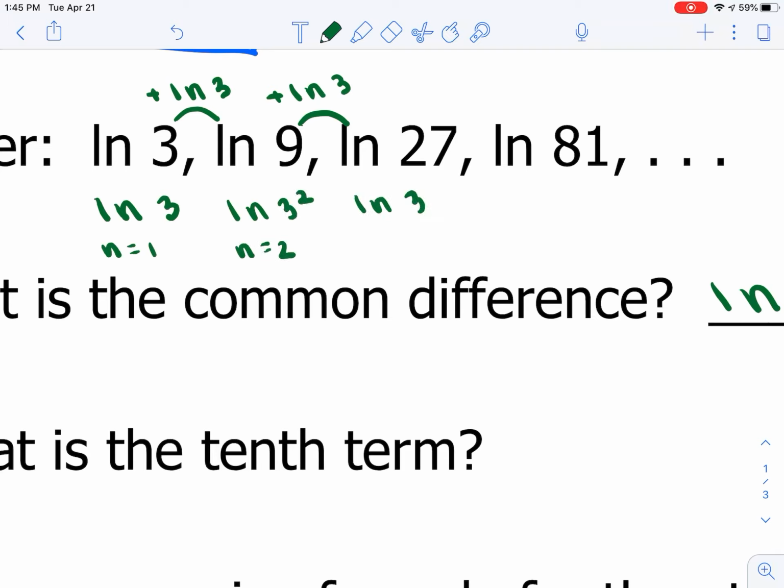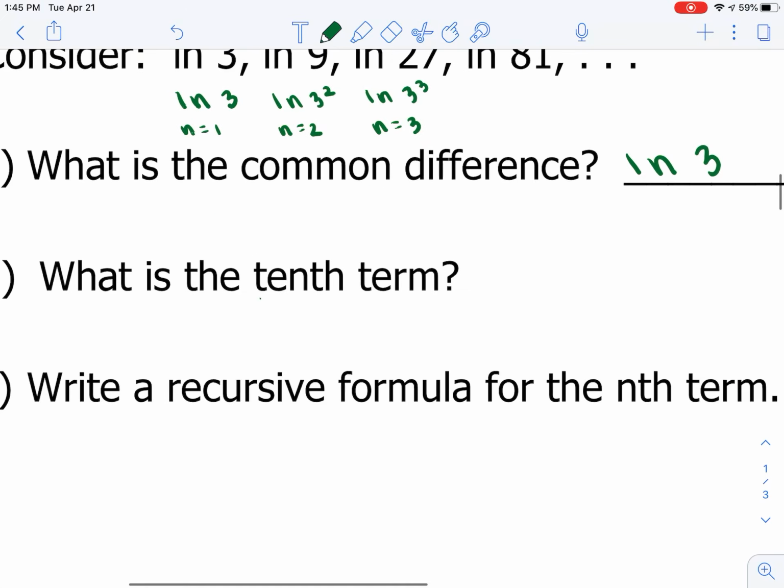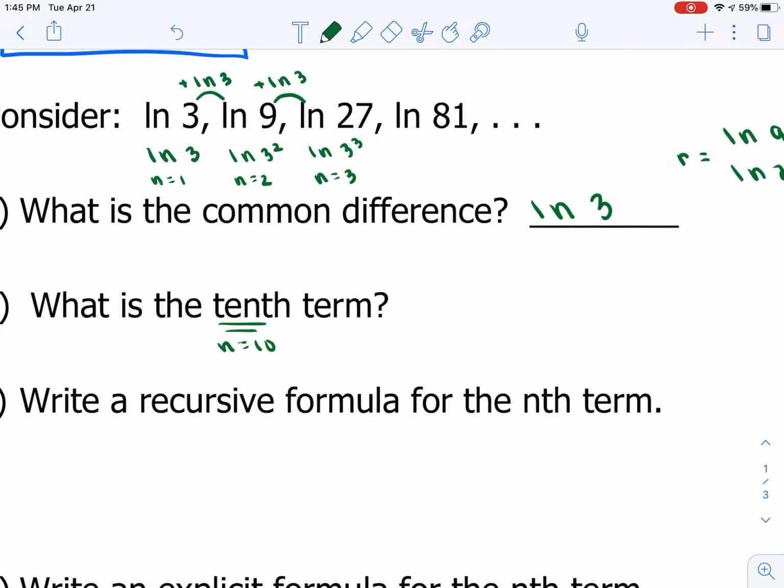The third term is the natural log of 3 cubed. So if I said find the 10th term when n equals 10, think about the pattern here and how the n value is the power on the argument value. This 10th term would actually just be the natural log of 3 to the 10th power.